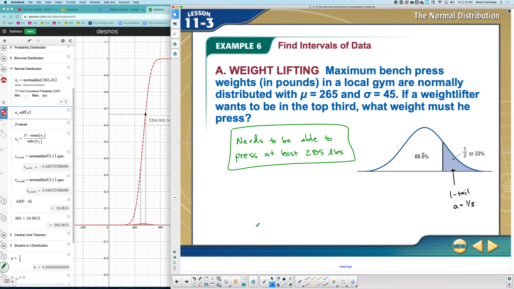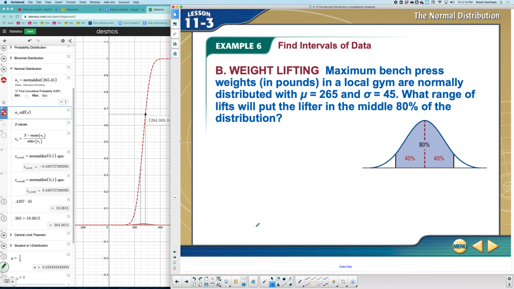All right, let's try part B. Maximum bench press weights in pounds in a local gym. Same information. It says, what range of lifts will put the lifter in the middle 80% of the distribution? Looking at this graph, there are two tails. It doesn't matter if they're included or not, but we say there are two tails.